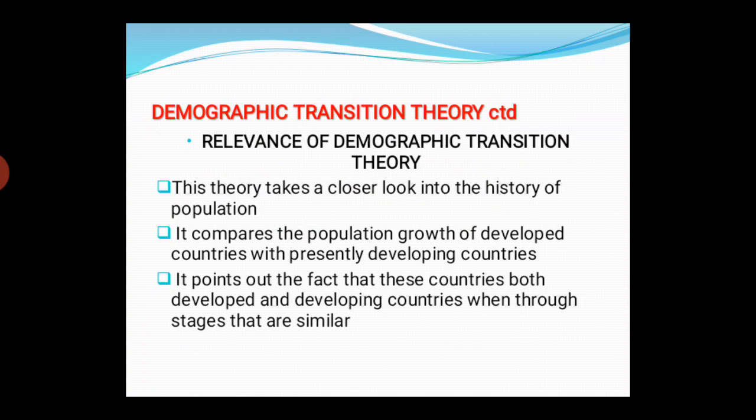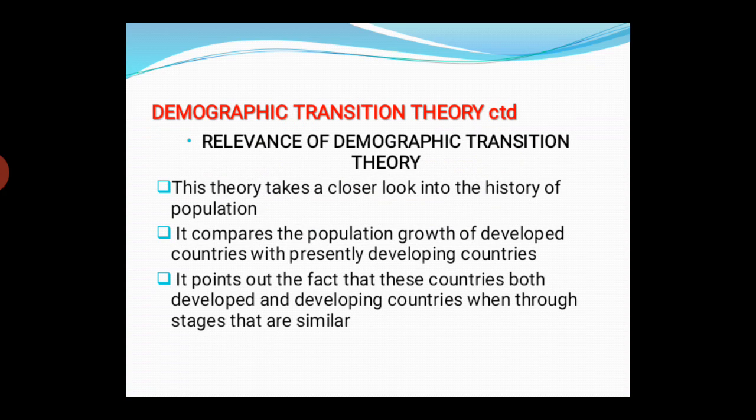Number 3: it points out the fact that both developed and developing countries went through similar stages. When you look at most of the developed countries and the developing countries, you can see similarities in the stages, in the changes in population size, in the demographic transition.